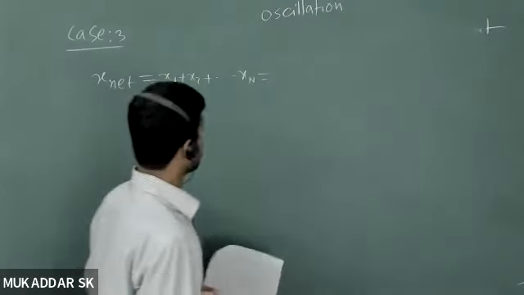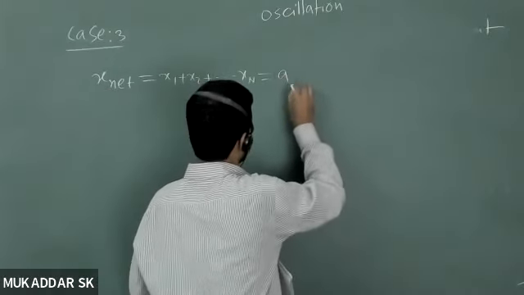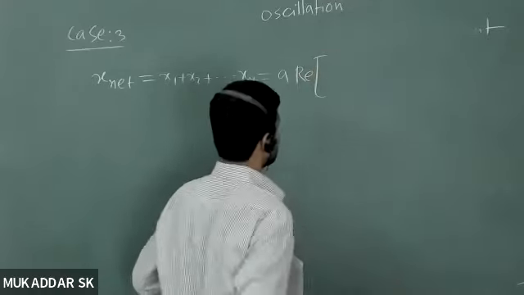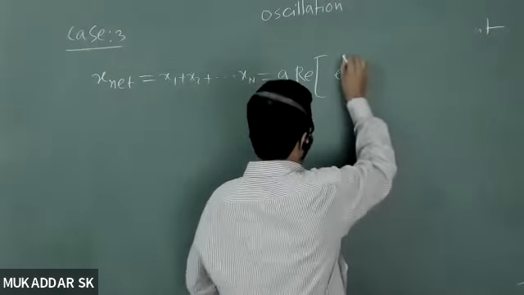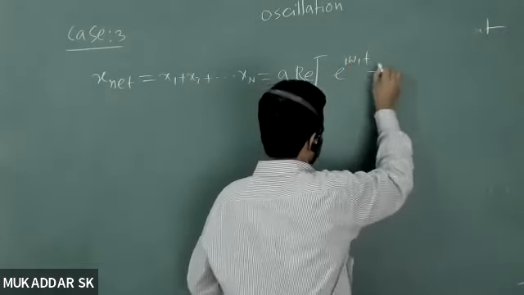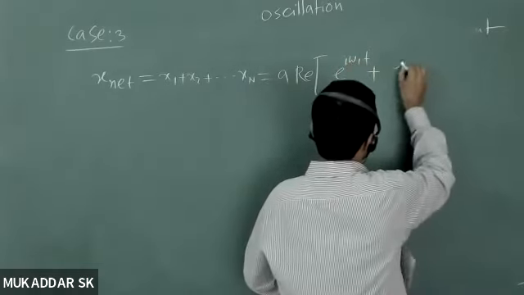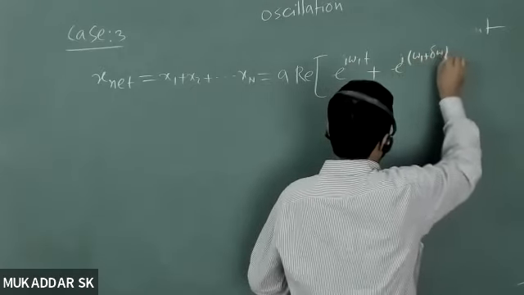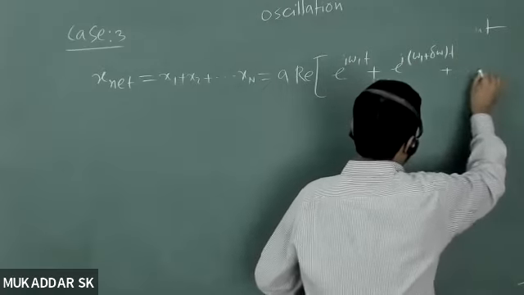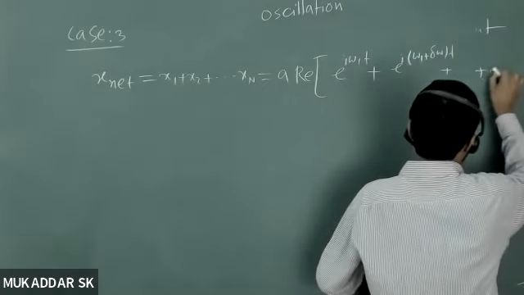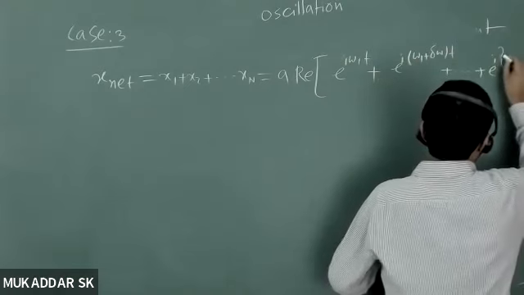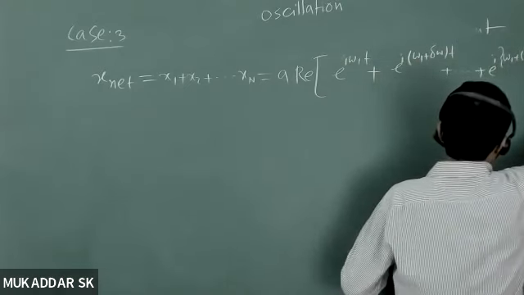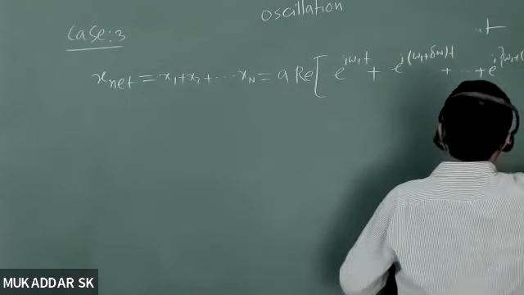So if you add them, you see, a into real part of exponential i omega 1 t, then exponential i omega 1 plus delta omega t, and it will continue up to exponential i omega 1 plus n minus 1 delta omega into t.